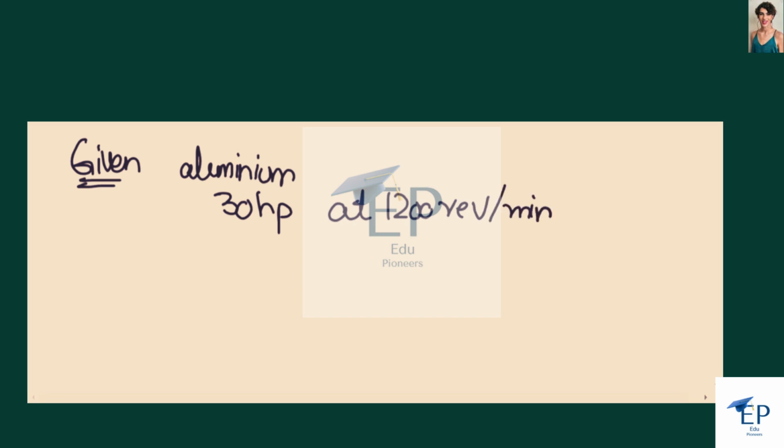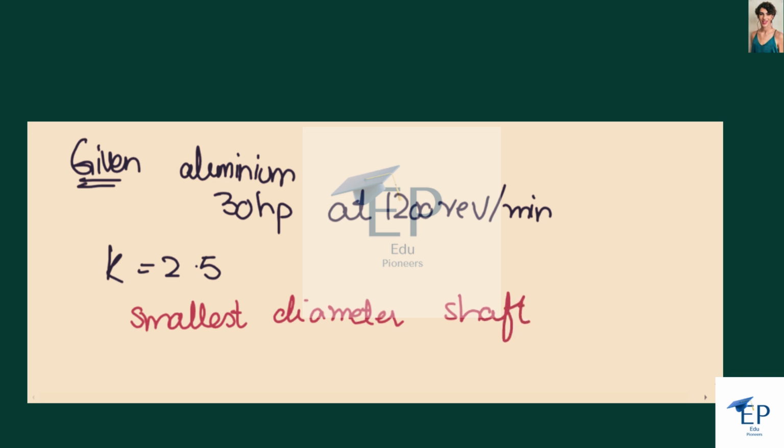Now, using a factor of safety equal to 2.5 with respect to yielding, we need to determine the smallest diameter shaft that can be selected based on the maximum shear stress theory. And the yield stress is given to us, that is equal to 10 ksi, right?